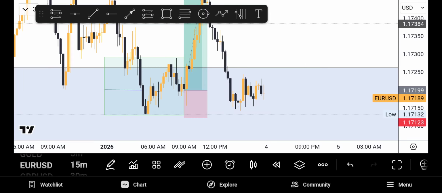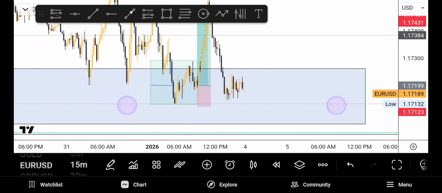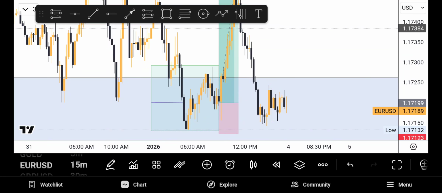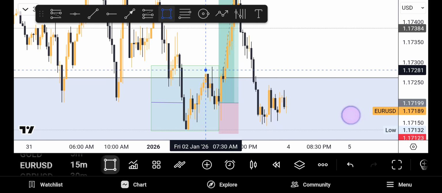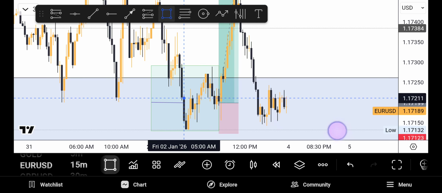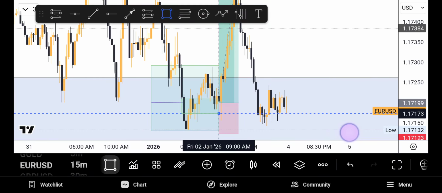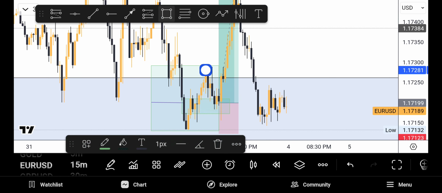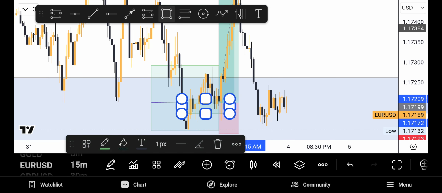So this is the candle that swept the low of that range. So what we did is we looked for an entry model here. What I saw here was this takedown candle, which was a fair value gap, also known as an inverse fair value gap. That was my confluence. That was my entry in this trade.